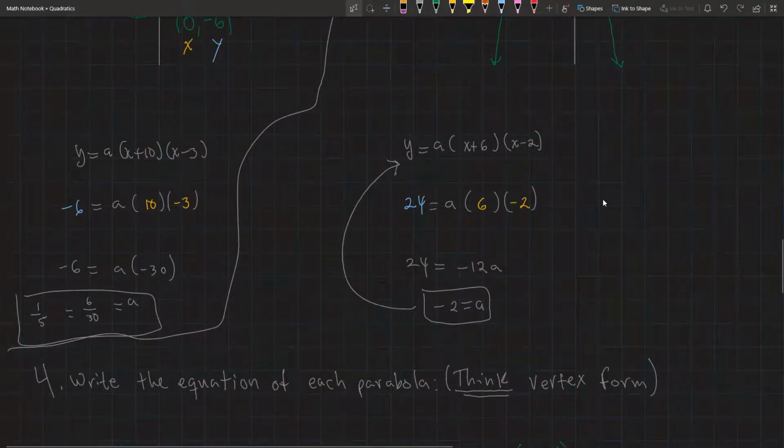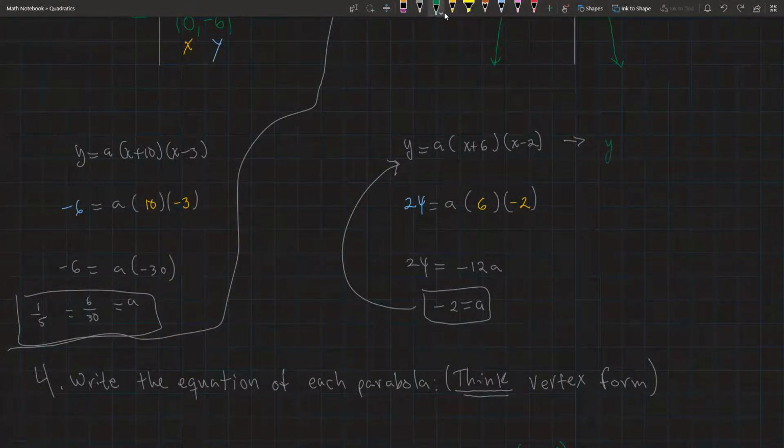Putting this back into the original form of x-intercepts, we get that y equals negative 2 times x plus 6 times x minus 2. And that's done.